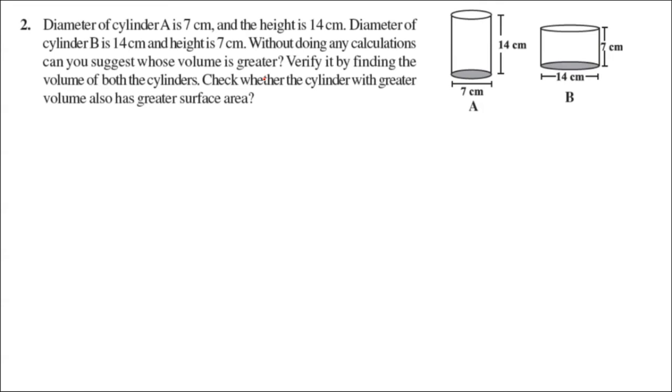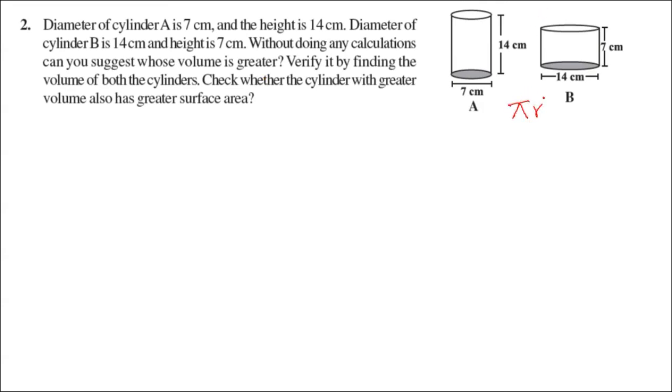It becomes very difficult to guess which one will have the larger volume. I think the volume of the second one will be larger because it will have a larger base. Let's try finding out, because the volume formula is pi r square h.